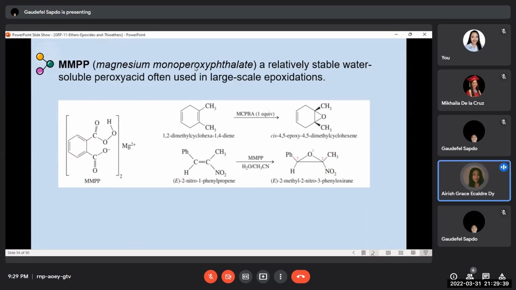This aqueous MMP epoxidation is carried out at neutral pH to avoid opening the epoxide and avoid the large-scale use of hazardous chlorinated solvents. You can see the example, E-2-nitro-1-phenylpropene, that is now converted to E-2-methyl-2-nitro-3-phenyloxirane. Next slide, please.